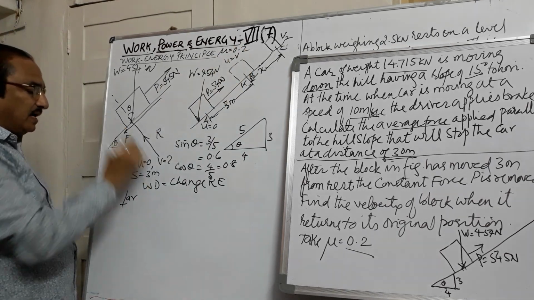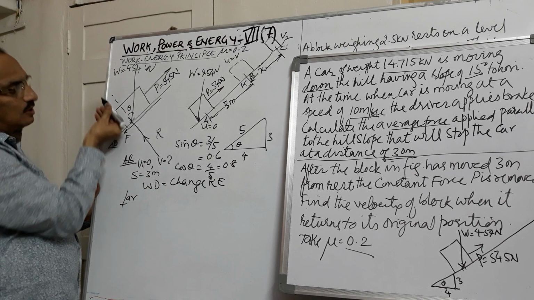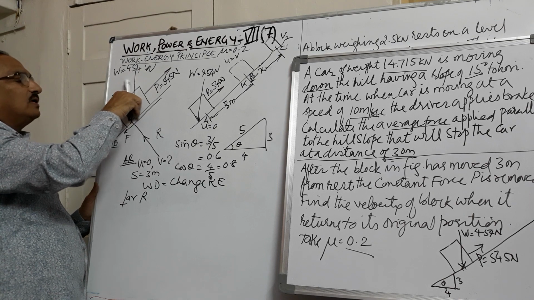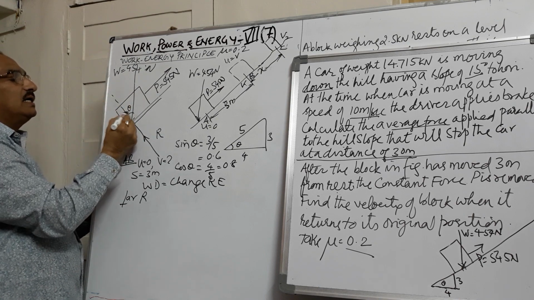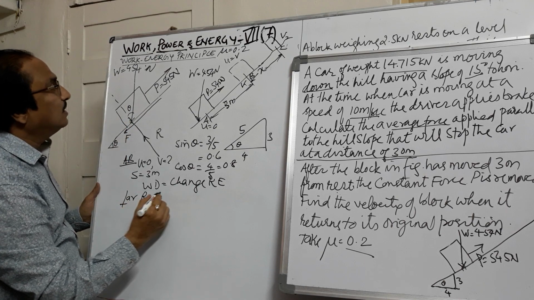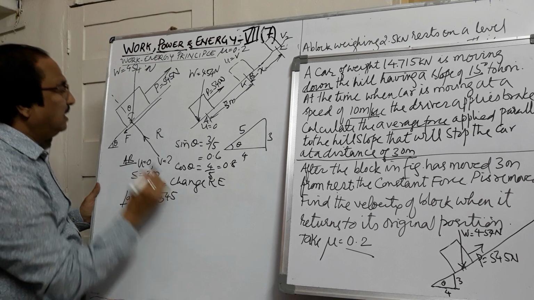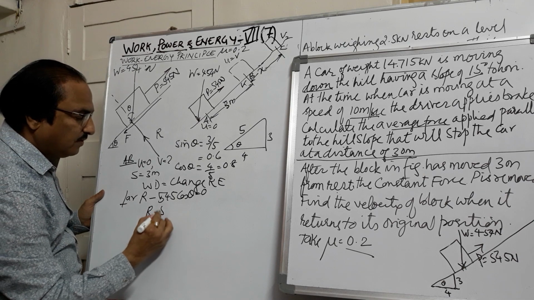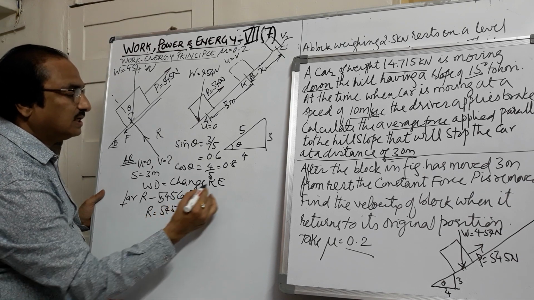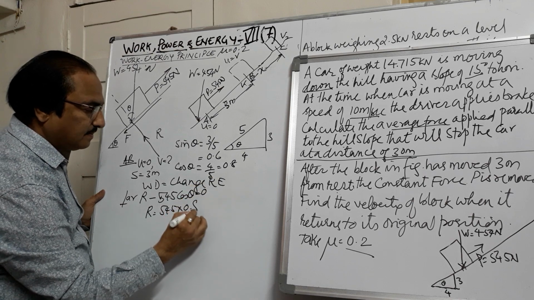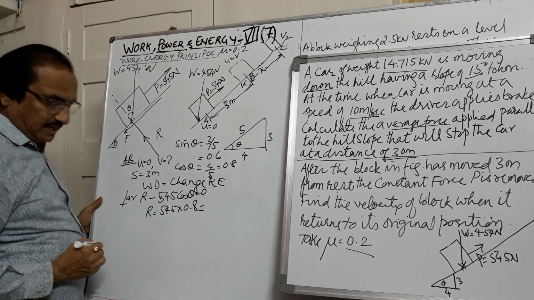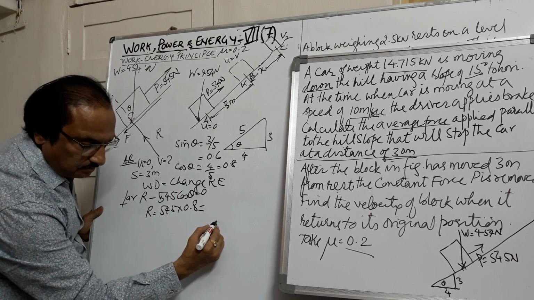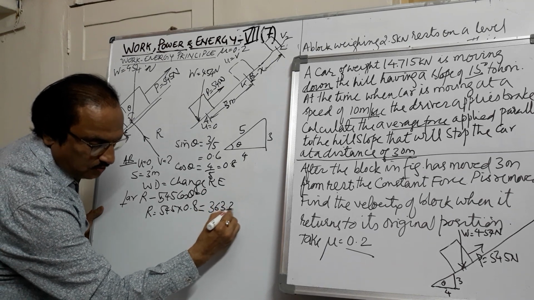If I resolve the forces perpendicular to the plane, R is acting perpendicular to the plane, upward. The weight of the block, resolved perpendicular to the plane, acts downward along the angle, so R minus 545 cos theta is equal to 0. So R will be equal to 545 into cos theta, which is 0.8, giving 363.25.